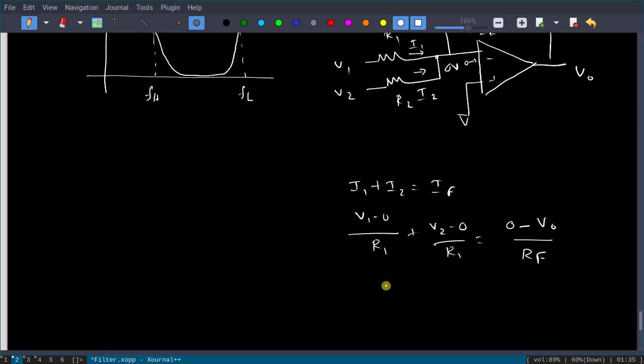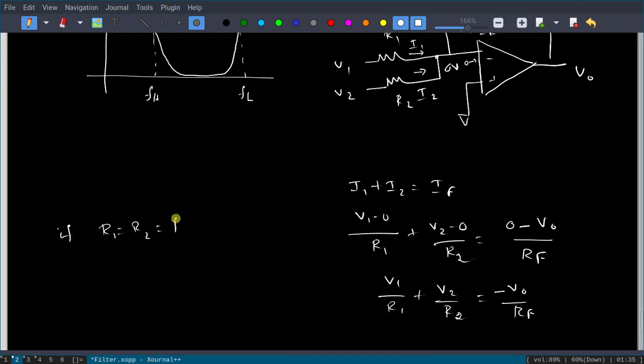So V1 by R1 plus V2 by R2 equals minus V0 by RF. If R1 equals R2 equals R, then V0 will be minus RF by R into V1 plus V2. We get a summing amplifier.